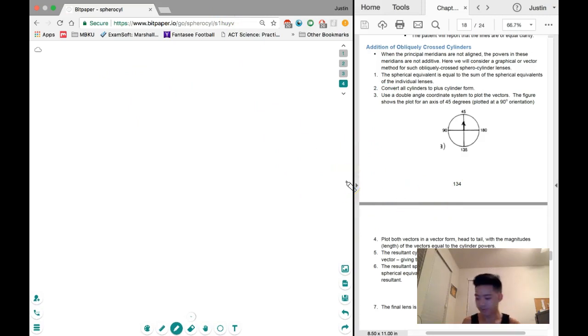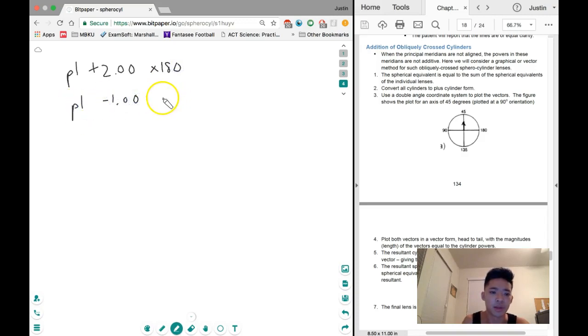For example, if I gave you plano plus 2 axis 180 and a plano minus 1 at axis 90, sure, you can add these and subtract these because you can draw the cross and figure it out.